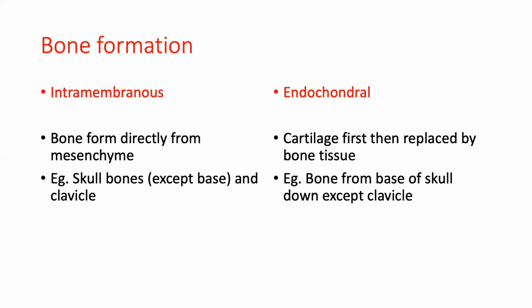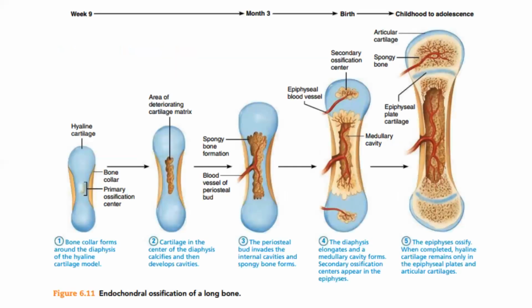Endochondral ossification means we will start to get a little cartilage plate first, and that cartilage plate will be invaded by the bone cells and finally replaced by bone. So bones starting from the base of the skull downwards, except the clavicle, are all formed by endochondral ossification.